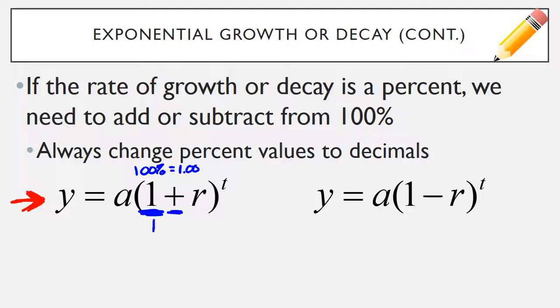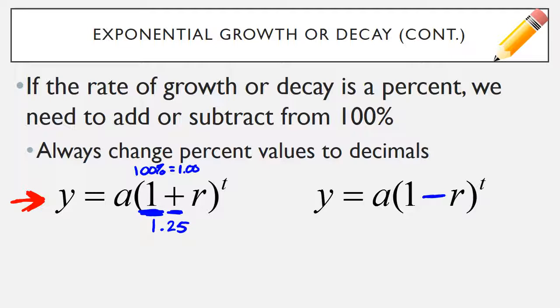A lot of times you end up with something like 1.25, which would be 125%. So you're keeping the original 100% and adding on. Or the opposite, where you're subtracting. If I have exponential decay or depreciation, taking something away, you're going to have 100% minus the percent that it's changing by.